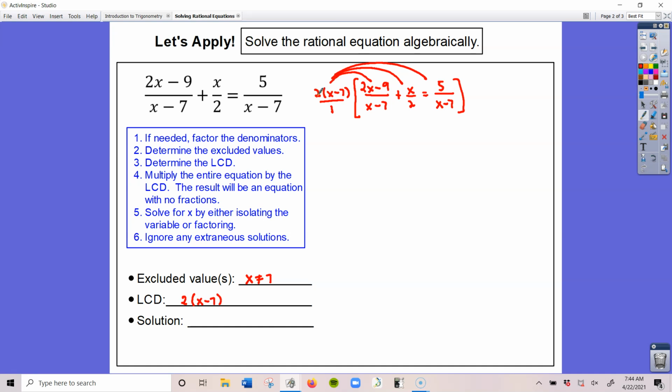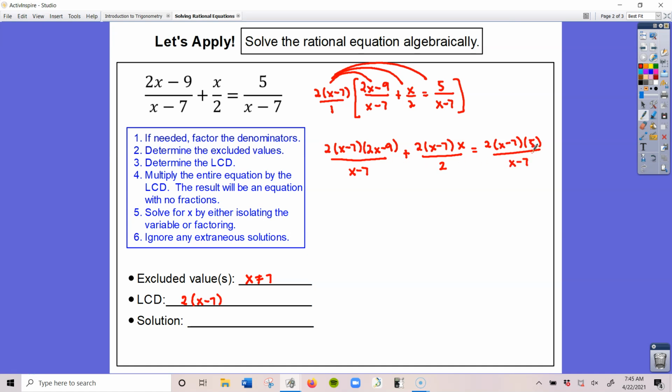When I distribute this 2(x minus 7) with the first rational function, I get 2(x minus 7) times (2x minus 9) all over 1 times (x minus 7), which is just x minus 7, plus. Now I distribute it to the x over 2, which would give me 2(x minus 7) times x over 2, and that's going to equal 2(x minus 7) times 5 all over (x minus 7).